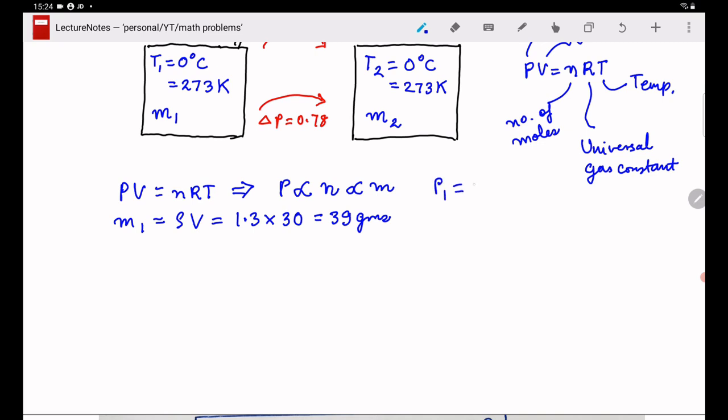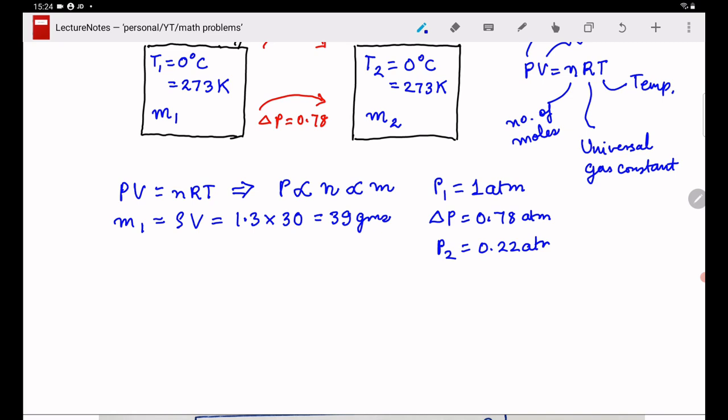P1 will be equal to 1 atmosphere. And delta P is given to us as 0.78 atmosphere. And since there is a drop in pressure, we can say that P2 will be equal to 0.22 atmosphere, though I don't think we'll need to use the value of P2. I think we'll be able to do it using P1 and delta P.